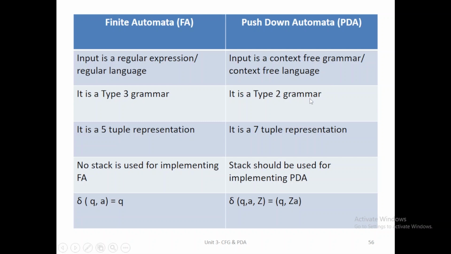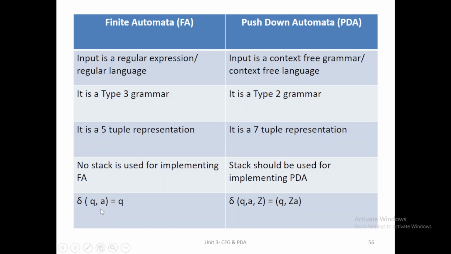Context-free grammar occurs at type 2 grammar. FA is a 5-tuple representation, but a PDA contains a 7-tuple representation, and no stack is used for implementing an FA, but using a stack we can implement a push-down automata.